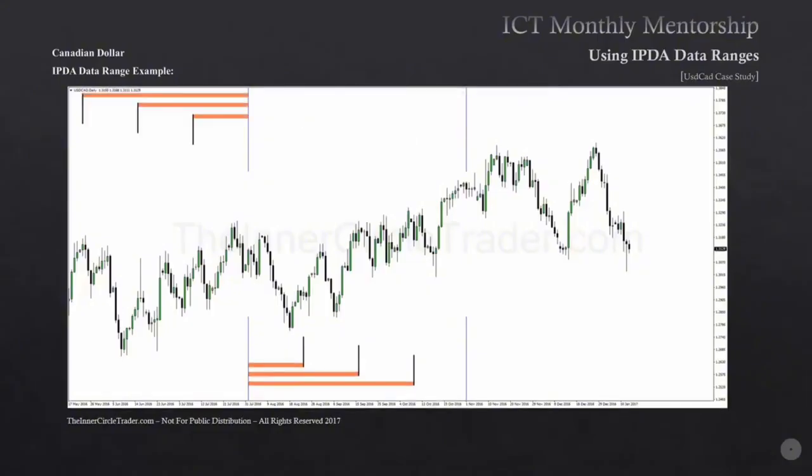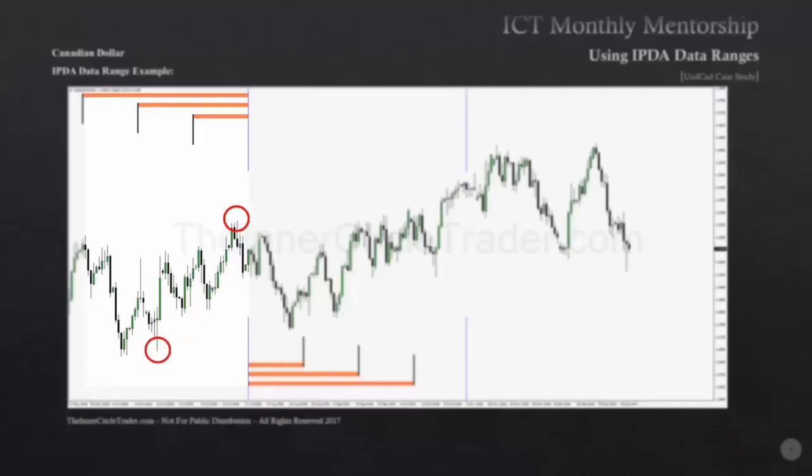For example, let's assume for a moment it's August 1st. We can look back and see where the highest high was over the last 60 days, over the last 40 days, and over the last 20 days prior to August 1st. We can identify also the lowest low and the highest high in the first 20 trading days to the right of August 1st.